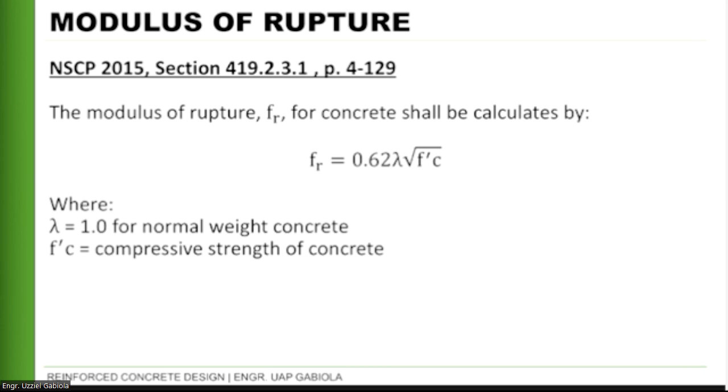Okay, so when calculating for the f_r, we just substitute the values. So what does it mean? Once we know the value of f_r, we can compare it with the bending stresses of the top and bottom fiber. And from there, we can say whether our concrete experienced cracking already.